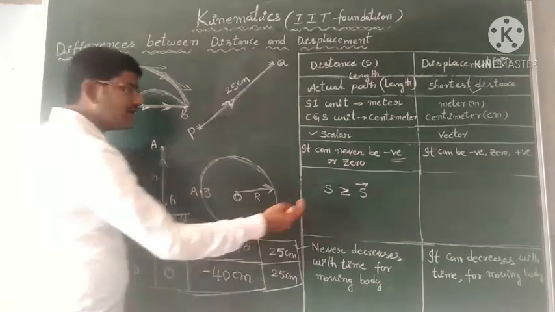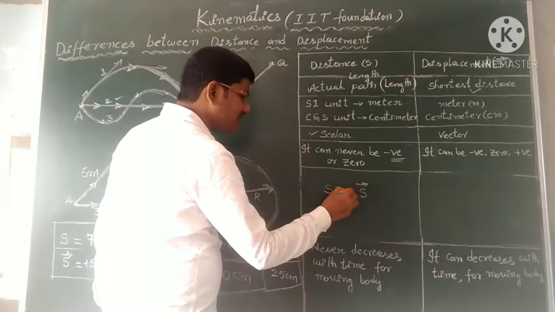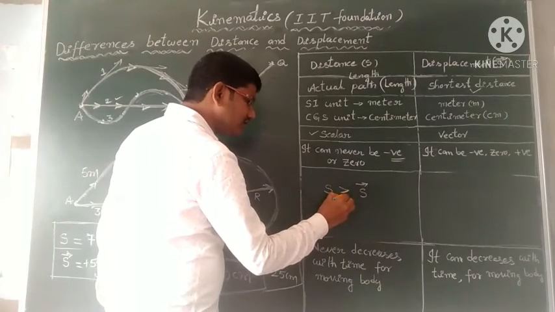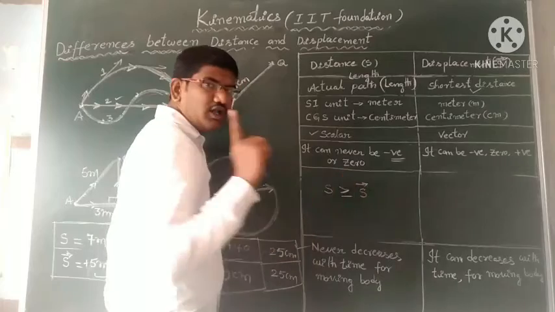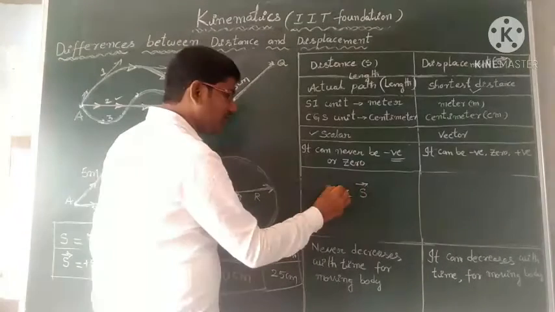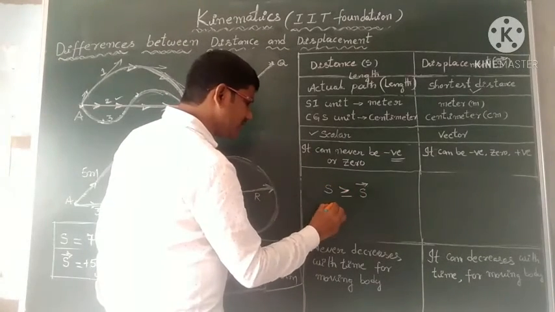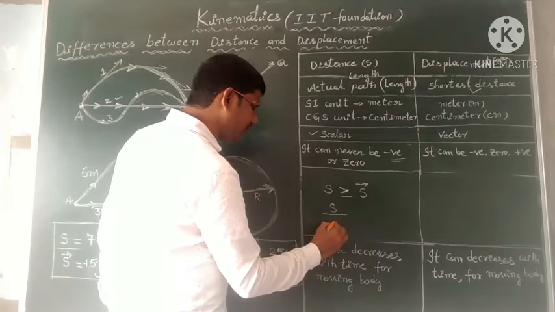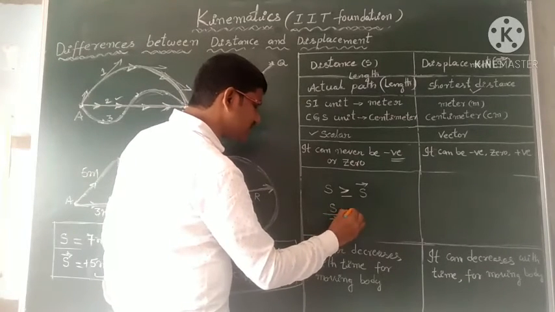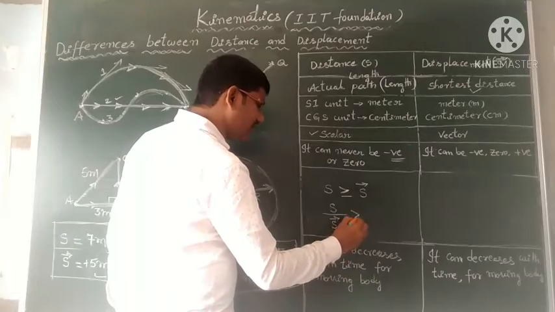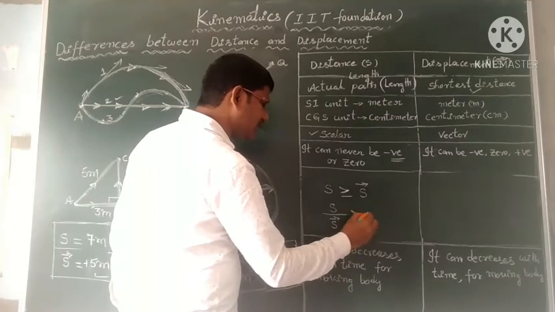So distance is either equal to displacement, only one case, that is the shortest path, or it can be greater than that. Means if I take the ratio of distance by displacement, this ratio I will get greater than or equal to 1.